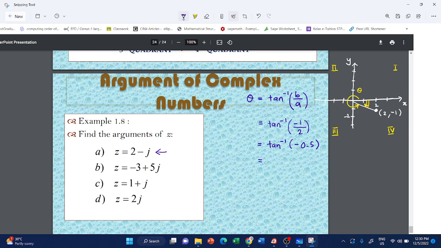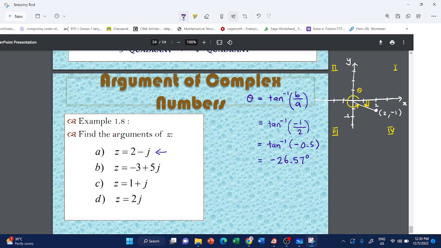Okay, so what is the value that we got in your calculator? Negative 26.56. Okay, so we round off to two decimal places, because the unit is degrees. Just a maximum of two decimal places.